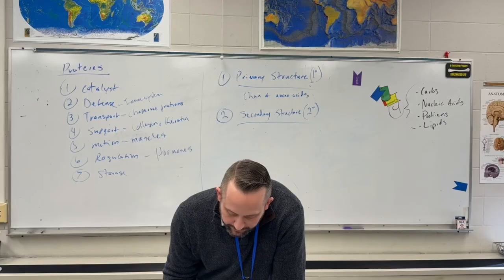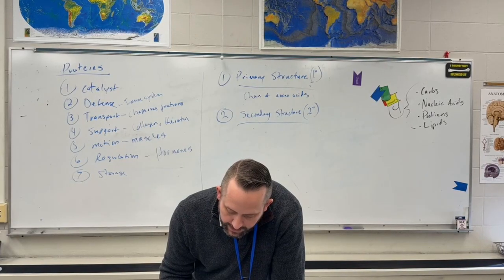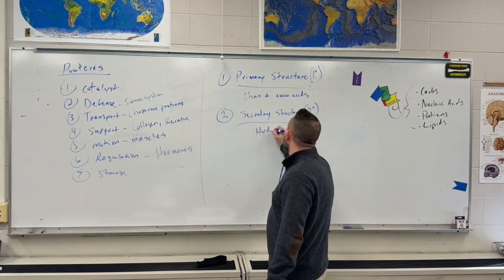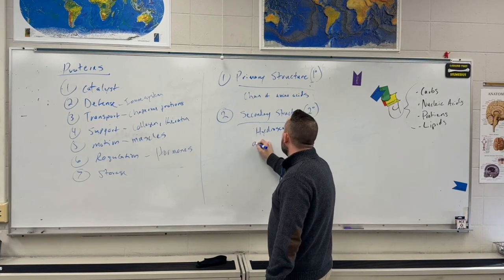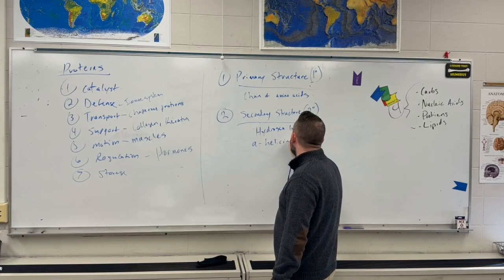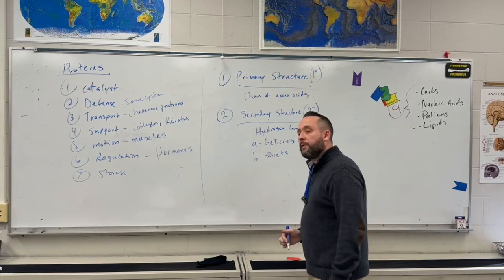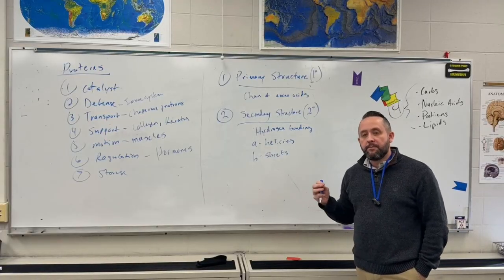When they do start to fold, though, they've got 2 structures that can fold. I think it's safe to put hydrogen bonds here. We got some. But when they do start to fold, they take on 2 of these structures that we call alpha helices or beta sheets.